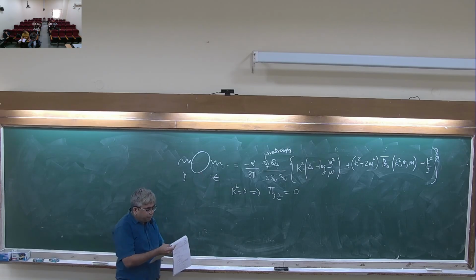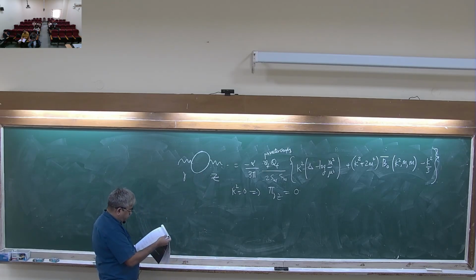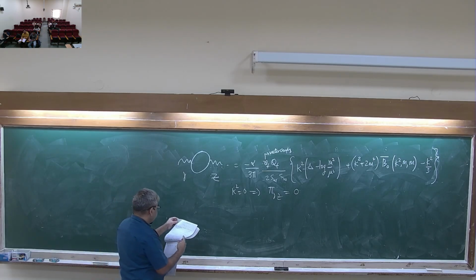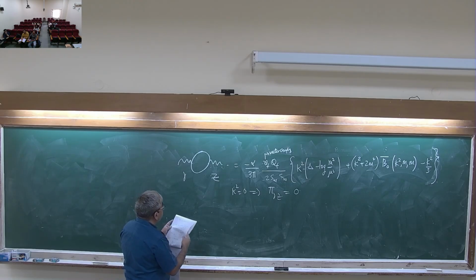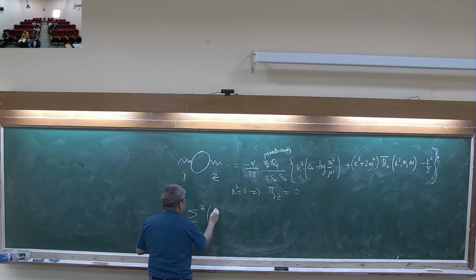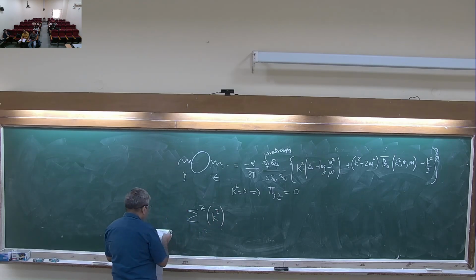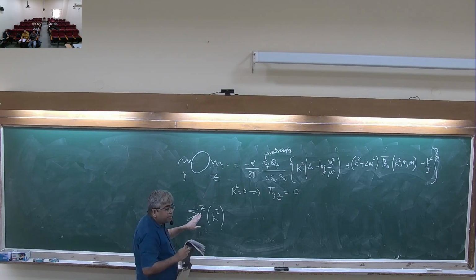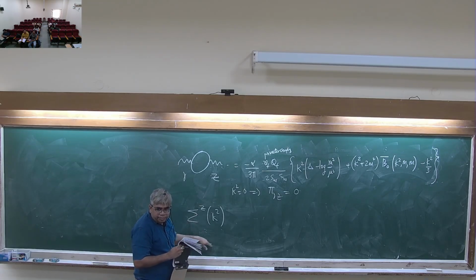In particular, if you look at ZZ, the self energy of ZZ. Similarly, you can have now ZZ, and the pi's are nothing but this divided by m_Z².